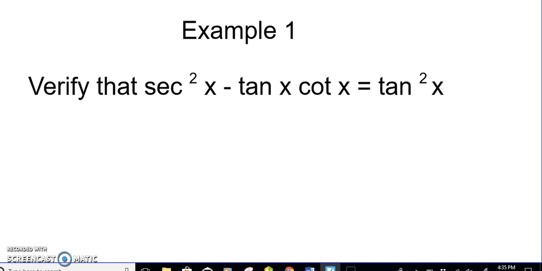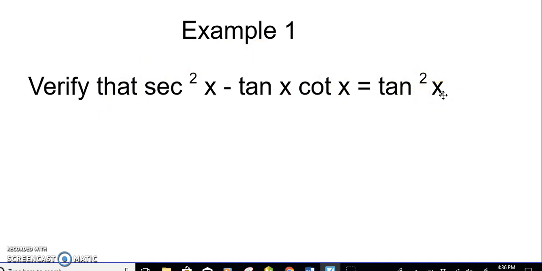We need to either work on the left side and simplify it down to get tangent squared, or work on the right side and try to get what the left side has. I would always say use the big side, the one that has a lot going on, to get to the smaller side. So I would work on this left side right here to give me tangent squared x.